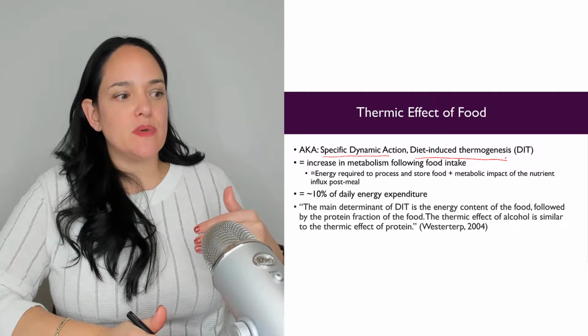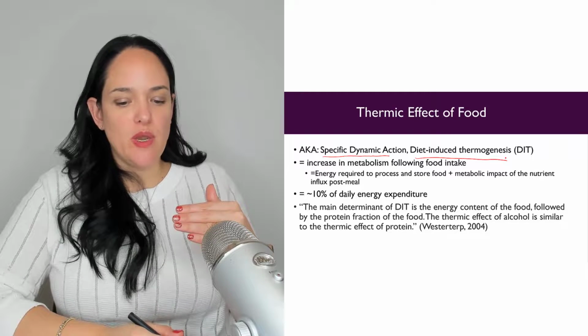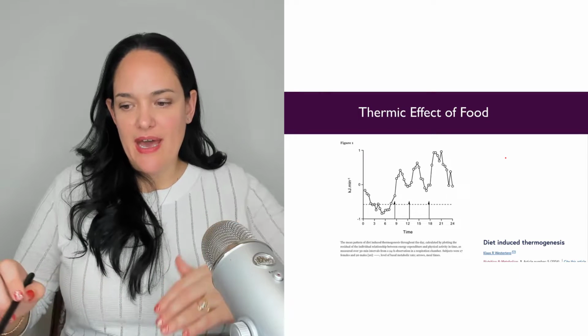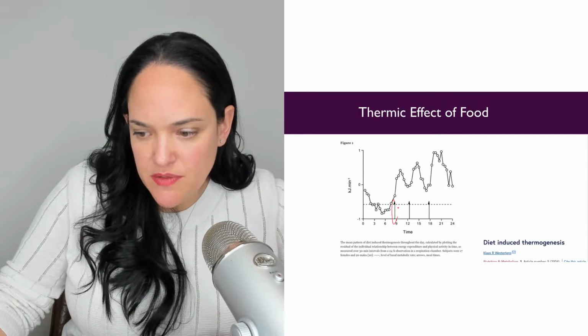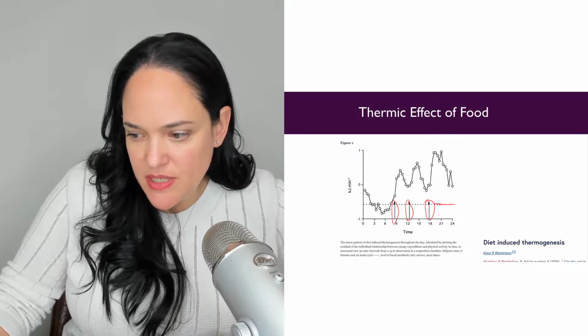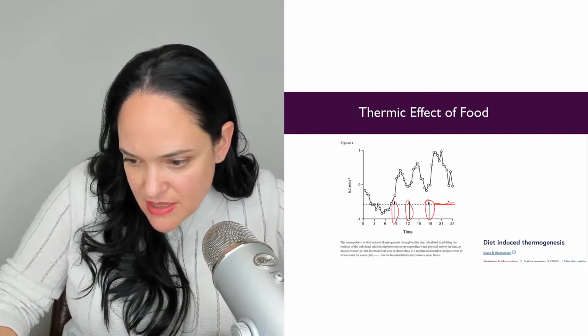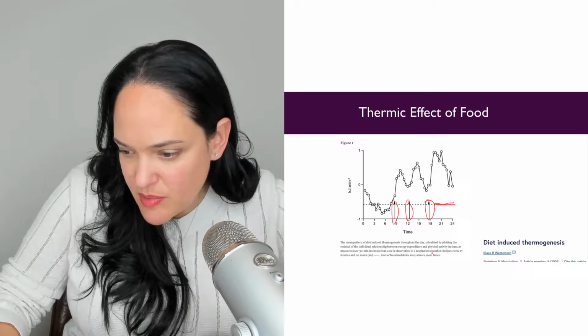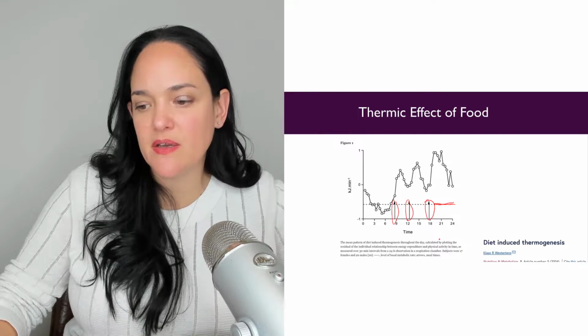Basically what it relates to is we notice in the lab, and I'll show you in the next slide, that following meals, so each of these areas represents a meal, this dotted line here represents basal metabolic rate. This is a study with 37 people, 17 females and 20 males.